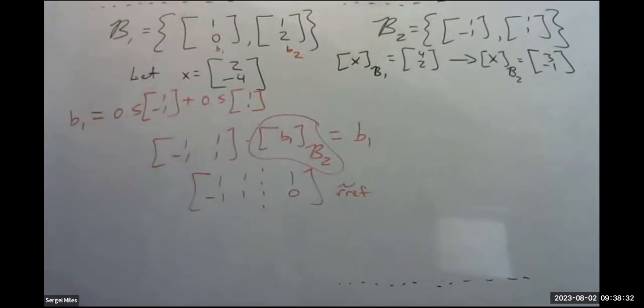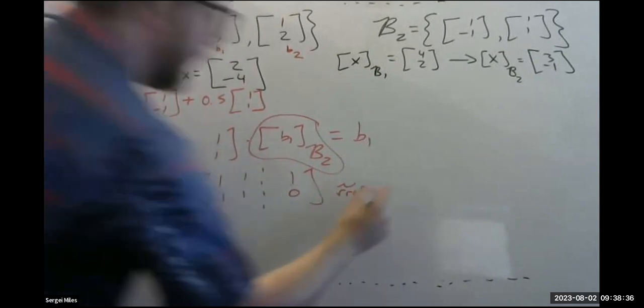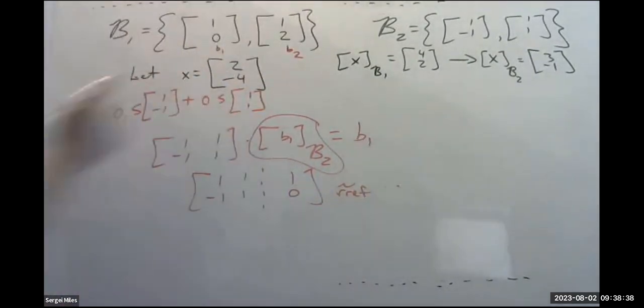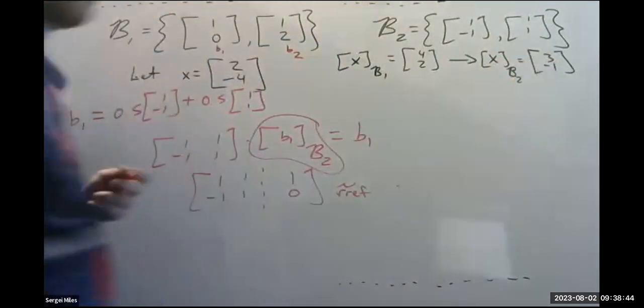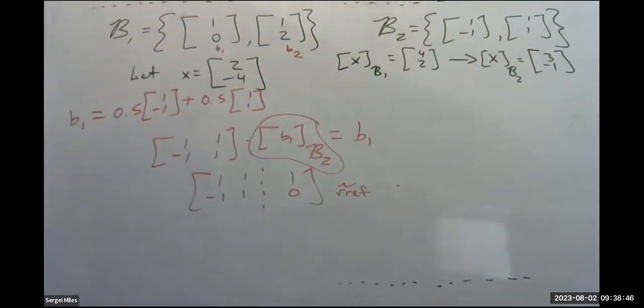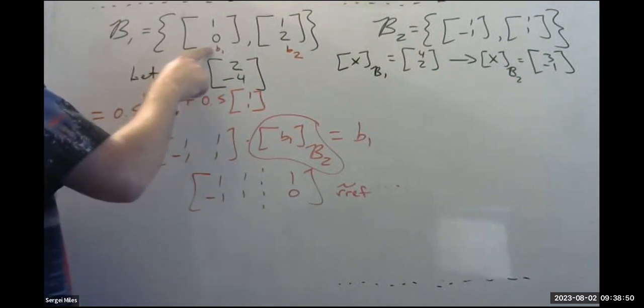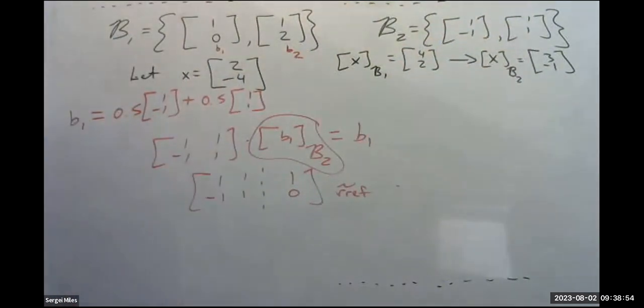Why does this matter? Why would this be an important piece? Well, if I'm trying to change a vector from one basis into a vector of another basis, it might be helpful to know how my basis vectors are rewritten in terms of the basis I'm trying to go to, right?